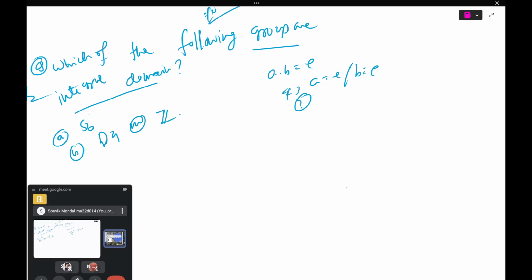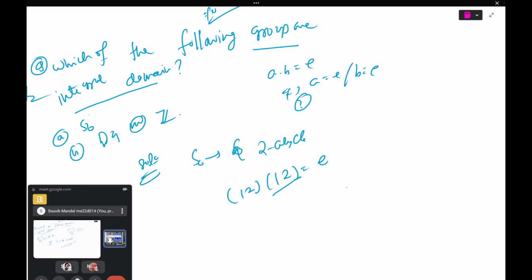Okay, so do note one thing. Let me tell you the solution. In S6, consider a six cycle. Consider a two cycle, suppose (1 2). Then (1 2) composed with (1 2) is equal to identity, right?